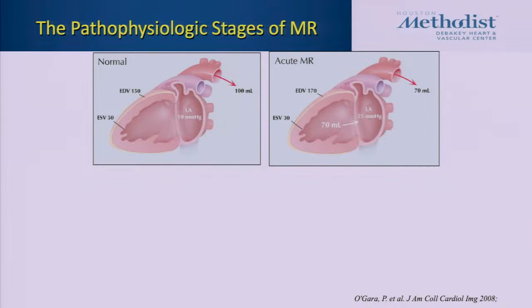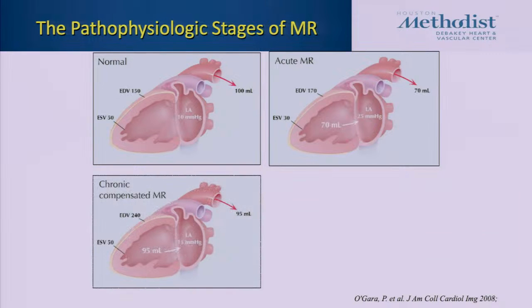But think through the stages of MR, right? You have an acute insult, which is the top right. You increase your backflow. You quickly increase your LA pressure. You quickly decrease your forward stroke volume. You have a compensatory phase over time where the LV dilates. You have remodeling. Your LA remodels, so for the same backwards volume, the LA pressure actually goes down.